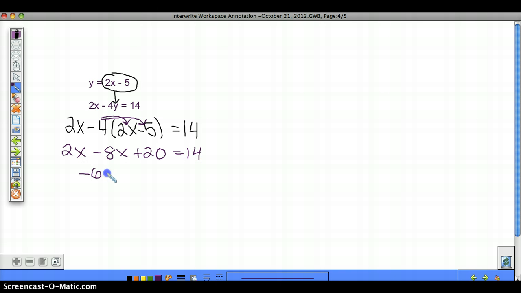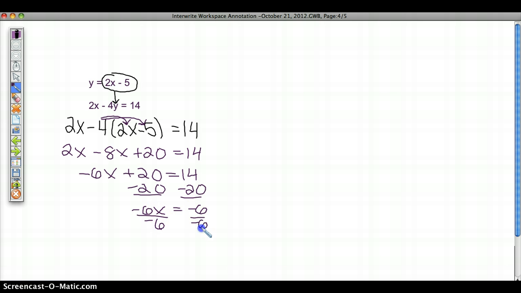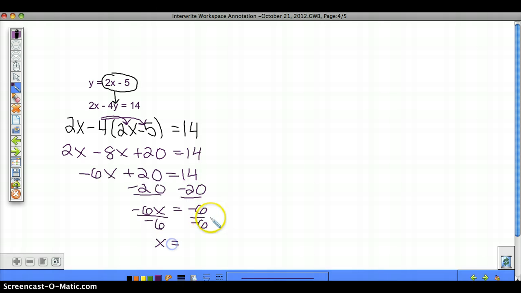Combine like terms, we get negative 6x plus 20 equals 14. Subtract the 20 over. We have negative 6x equals negative 6. Divide by negative 6. Negative 6 divided by negative 6 gives me a positive 1. So we have our first variable.